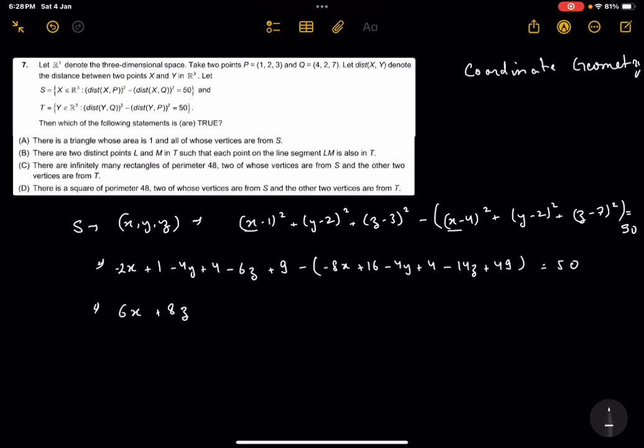plus 1 plus 4 plus 9 is plus 14, 16 plus 4 is 20, plus 49 is 69, so minus 69, equals 50. Means 6x plus 8z equals 105.